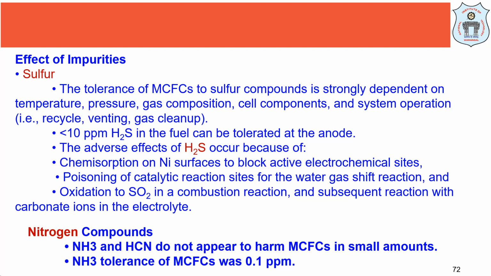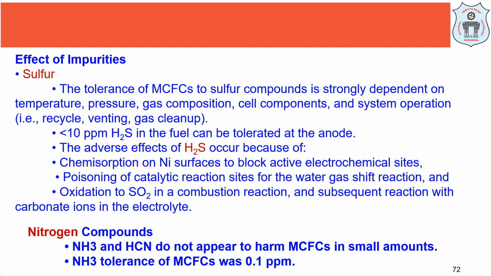We have to maintain less than 10 ppm of H2S in the fuel at the anode side. If H2S increases, there will be adverse effects: sulfur covering the nickel surfaces and blocking the active electrochemical sites, poisoning of the catalytic reaction sites for the water gas shift reaction, and oxidation to SO2 in a combustion reaction, with subsequent reaction with the carbonate ions in the electrolyte.